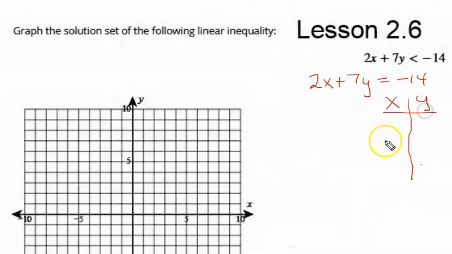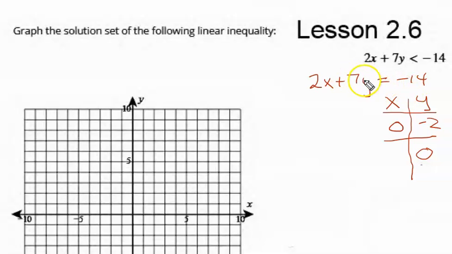The x and y intercept t-chart, where if x is 0, this will give us our y-intercept, and if y is 0, will give us our x-intercept. So let's do this. If x is 0 here, this is going to be a -2 as we divide both sides by 7.